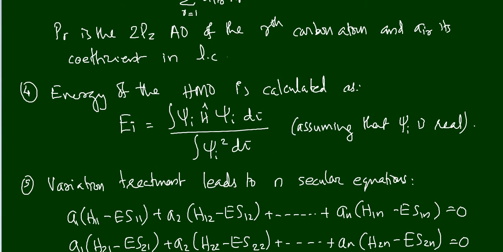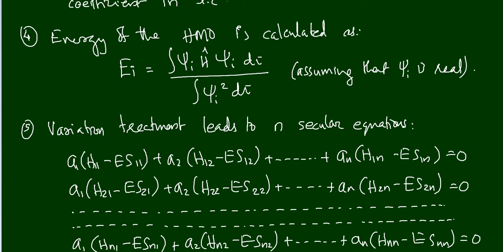We assume that psi is real, that's why it is written here integral psi I square d tau. Okay, so this will give the energy. You already know this is the expression for the expectation value. So if you know the psi I, then you can find out the expectation value corresponding to that psi I by this expression.